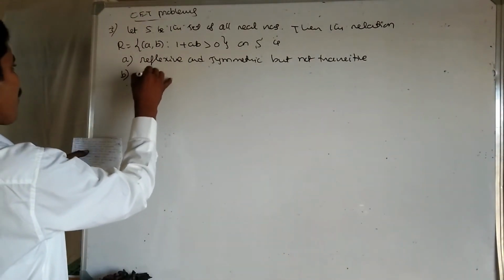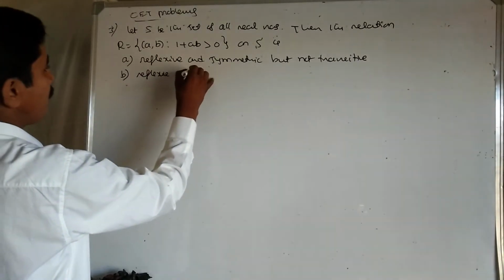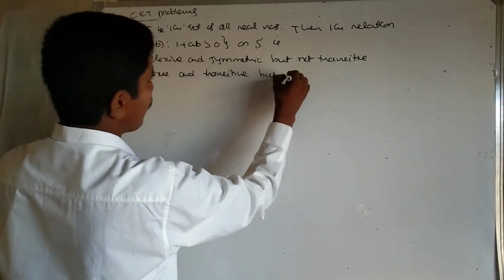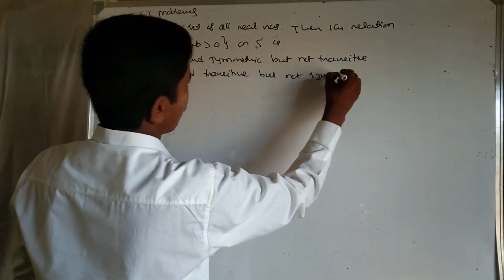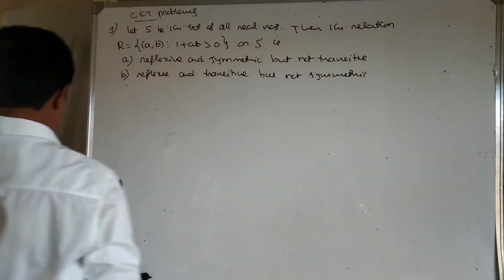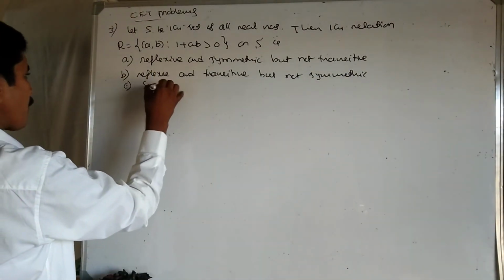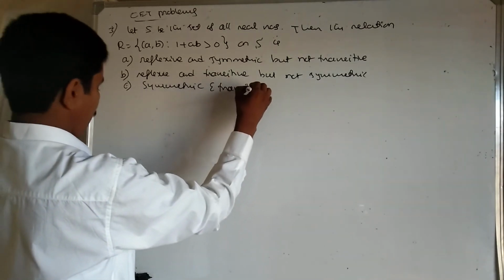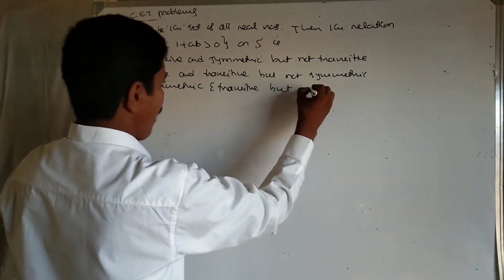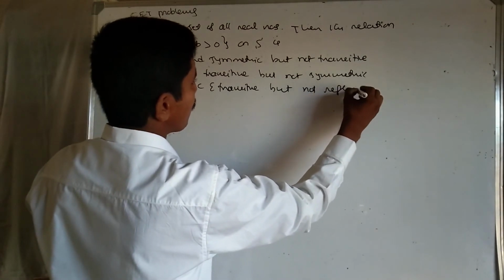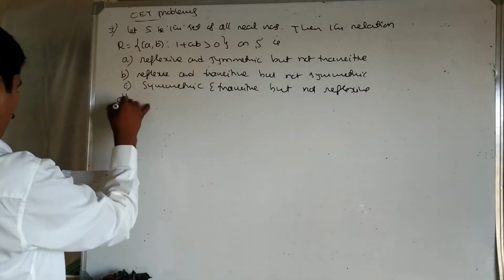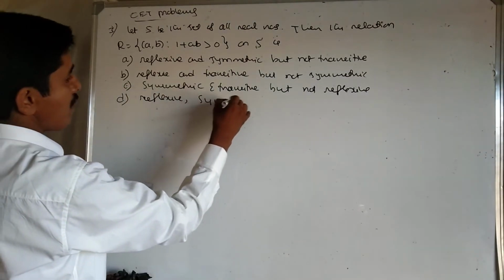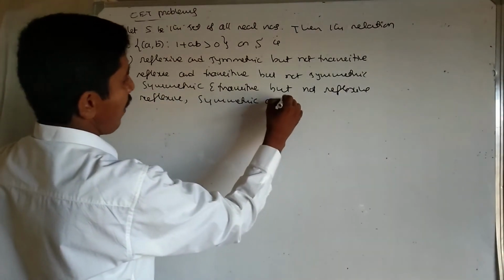B option, reflexive and transitive but not symmetric. C option, symmetric and transitive but not reflexive. D option, reflexive, symmetric and transitive.